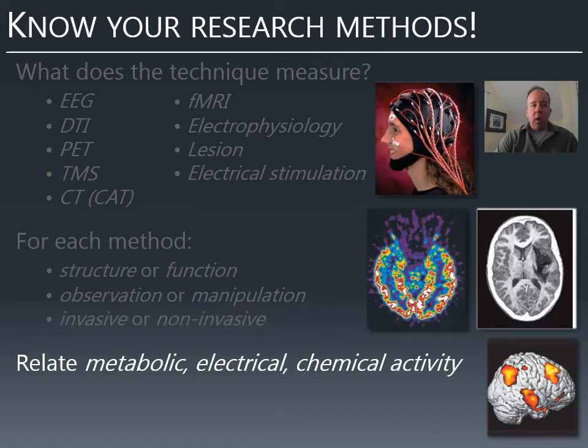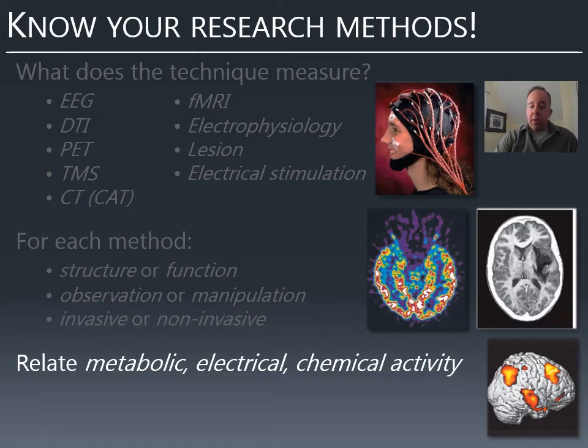But that's just one way of detecting neural activity. You can also detect neural activity directly through electrical measurements like EEG or electrophysiology. So these measure action potentials or averages of action potentials by using electrodes, detecting changes in potential.